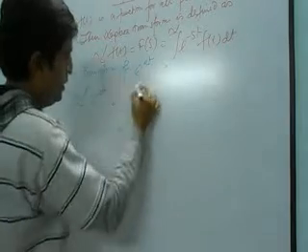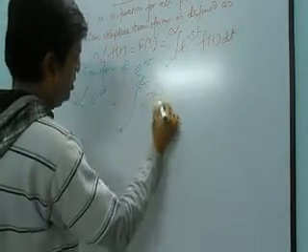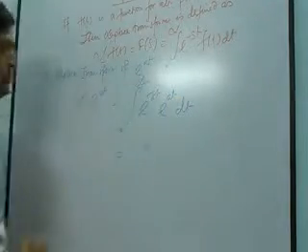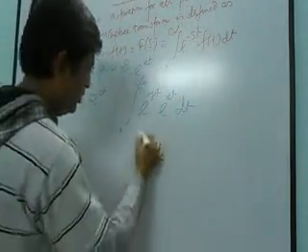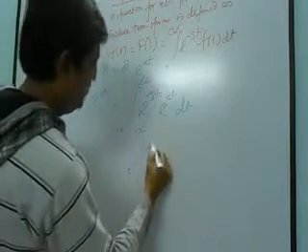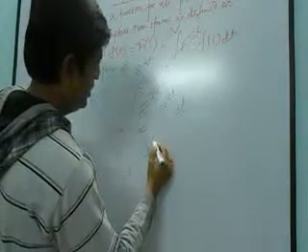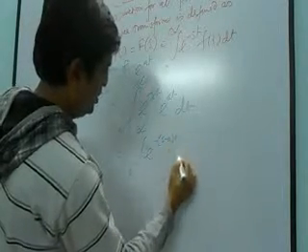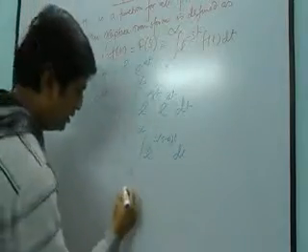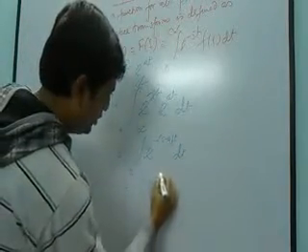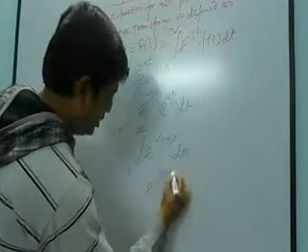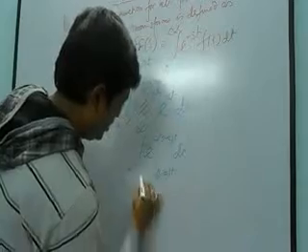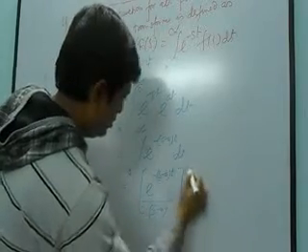By definition, the integration from 0 to infinity of e to the power minus st e to the power at dt, that is equal to the integration from 0 to infinity of e to the power minus (s minus a)t dt, that is equal to e to the power minus (s minus a)t divided by minus (s minus a), from 0 to infinity.